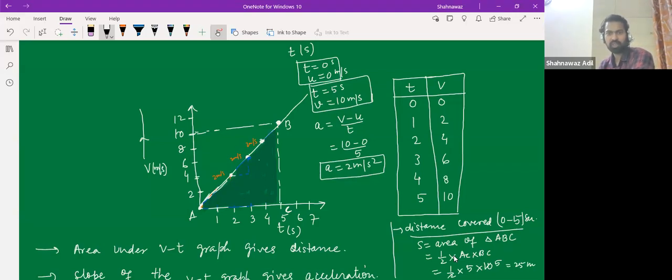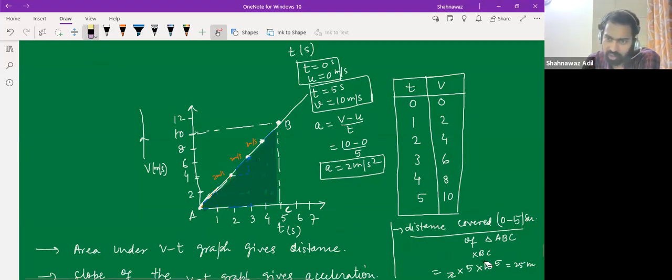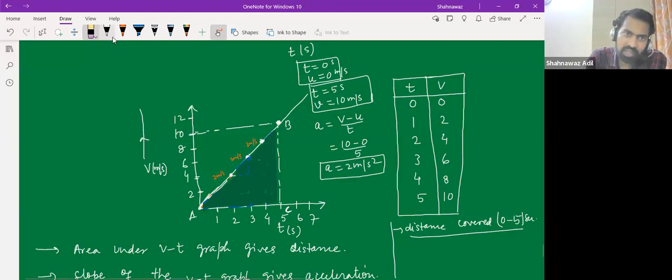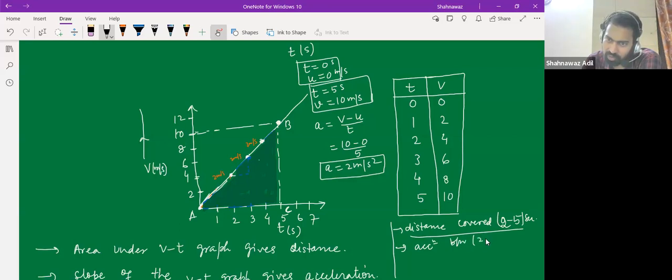So Rishita and Amna, did you get the same answer? Yes, sir. Okay, so if you have calculated this, then you guys tell me how much is the distance covered between 2 to 5 seconds, and the acceleration between 2 to 5.